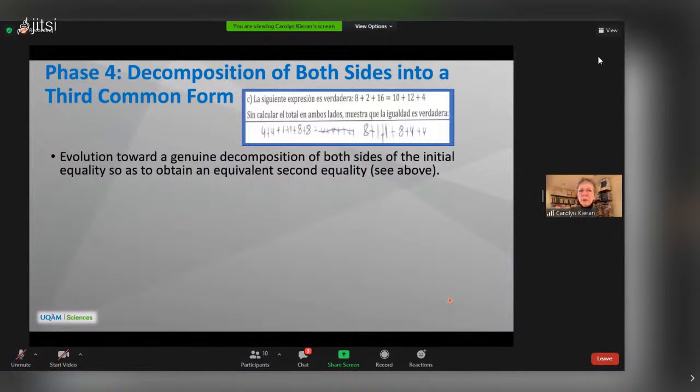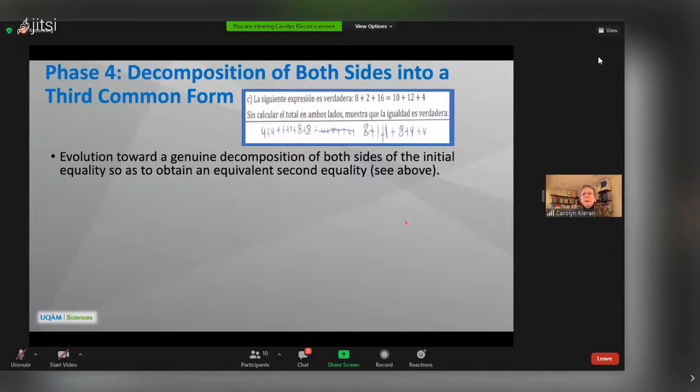Now to the fourth phase, where both sides were decomposed into a third common form. The evolution towards a genuine decomposition of both sides of the initial equality, so as to obtain an equivalent second equality, proceeded.